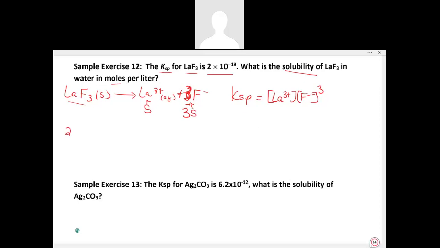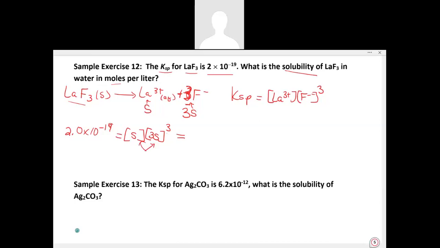Now I was given my KSP equals 2 times 10 to the negative 19th, and I'm going to set that equal to my KSP equation. Since I don't know these concentrations, I'm going to plug in S for my La, and then we have 3S here. Make sure that the coefficient is also included as an exponent. It might seem redundant, but this is the way that we have to set up these equations to get the right answer.